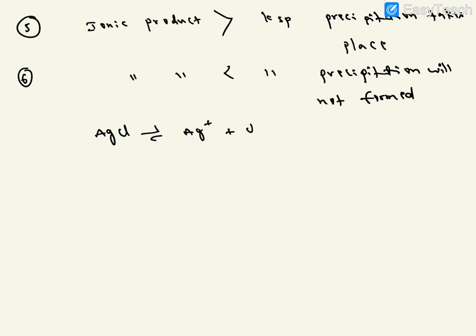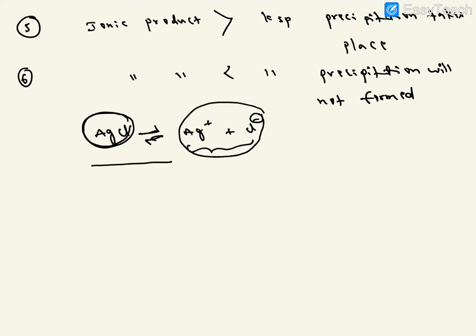A simple trick here: AgCl dissociates into Ag+ ions and Cl- ions. Once the ionic concentration is more, the reaction goes back, and precipitate will be formed. This is the first point.